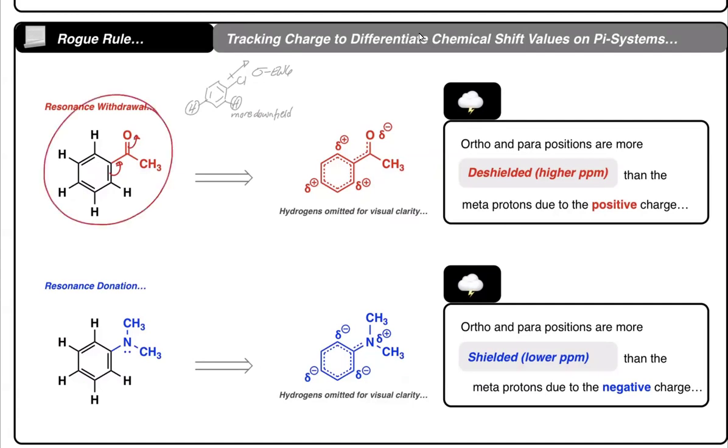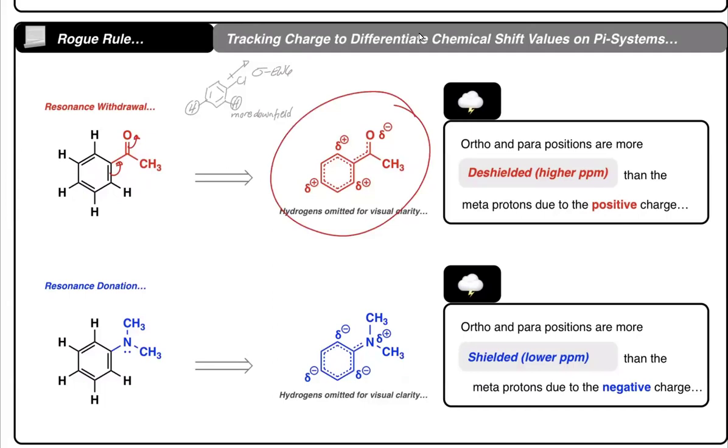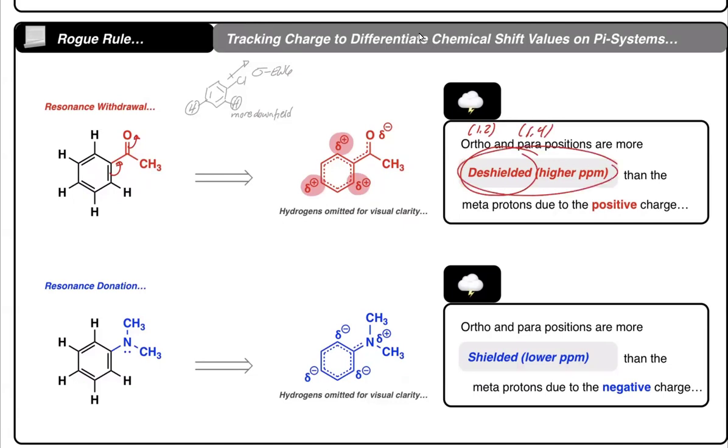Now, if you were to withdraw from the ring and you drew out all the resonance structures, and then you compile a hybrid identity, what we'd see is that predictably, at the ortho position, adjacent to our substituent, and in the para position all the way across, we'd have positivity there. And because of that positivity, the protons at the ortho position and at the para position are actually going to be more de-shielded and have a higher ppm shift than the protons at the meta position.